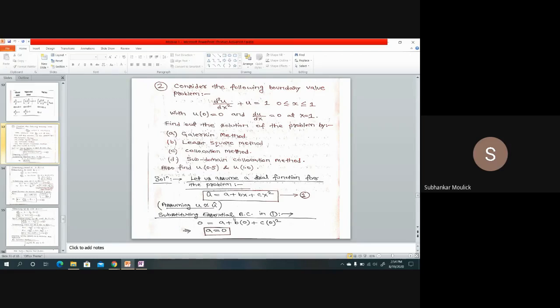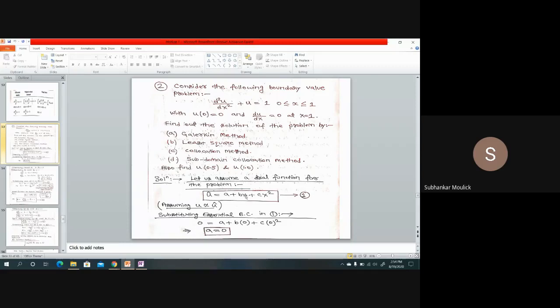But while choosing, keep in mind that the given quadratic or second order trial function should satisfy your exact boundary condition. If I take u cap as a plus bx plus cx square, is this trial function satisfying u equal to zero? That means the value of u will be 0 when x is 0.